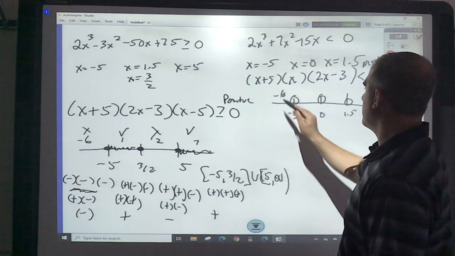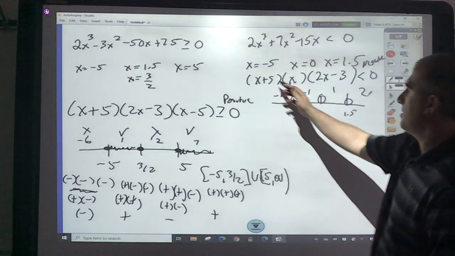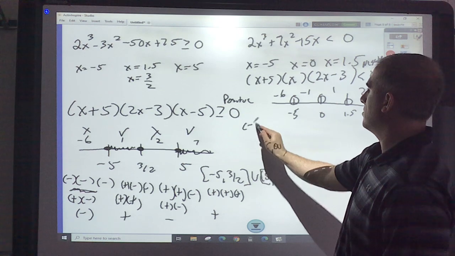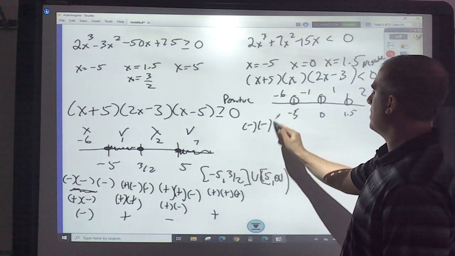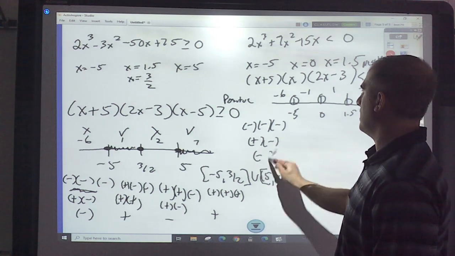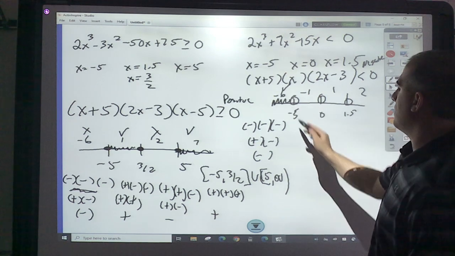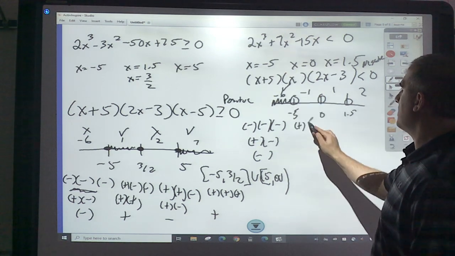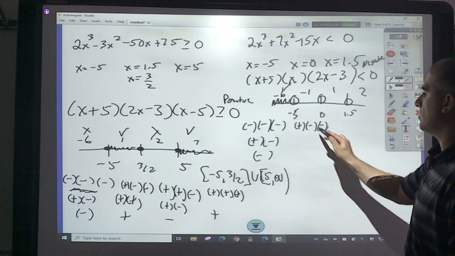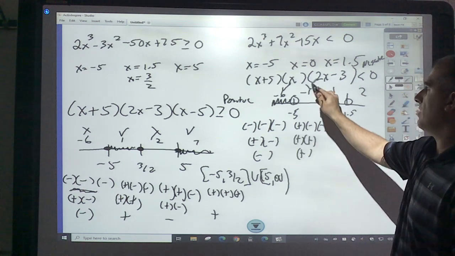So let's test -6, -1, 1, and 2. If I put -6 in, that'd be a negative, negative, and negative, which is a negative result, that's good. If I put -1 in, that would be a positive, negative, negative, giving a positive result, not what I want.